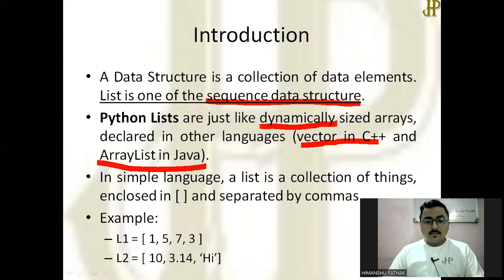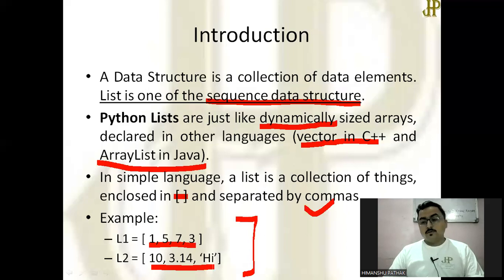Here in Python, a list is a collection of things, or you can say elements, enclosed within brackets, and the elements are separated by commas. Here I listed some examples. The first one is a list of integers. In another list, different types of data are stored. So there is a second difference between array and list.